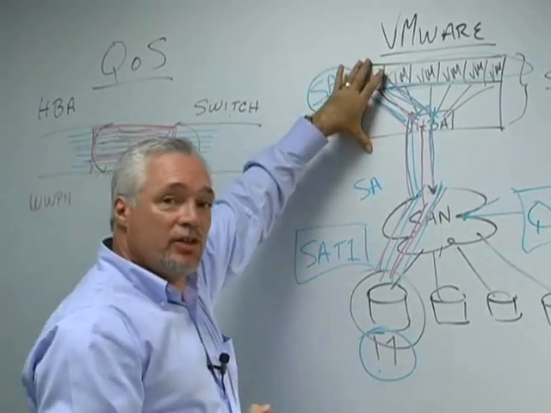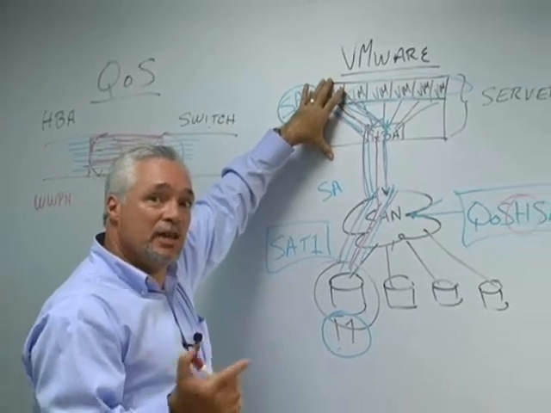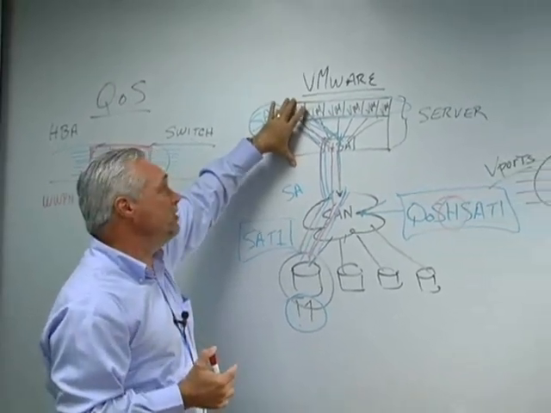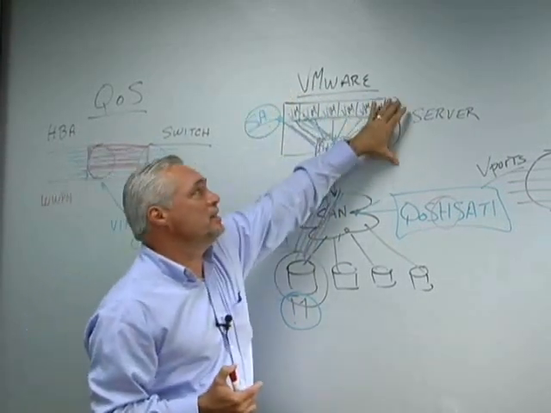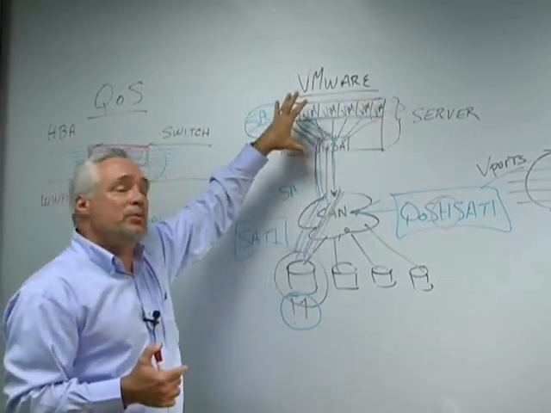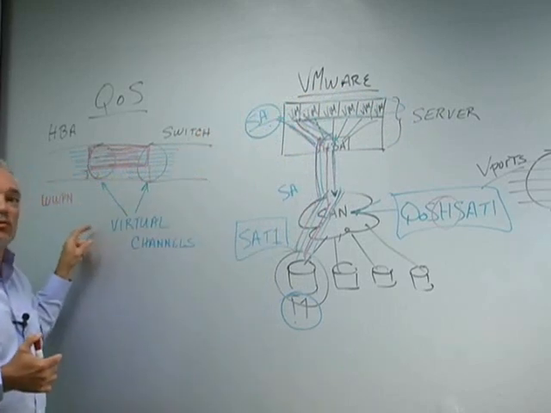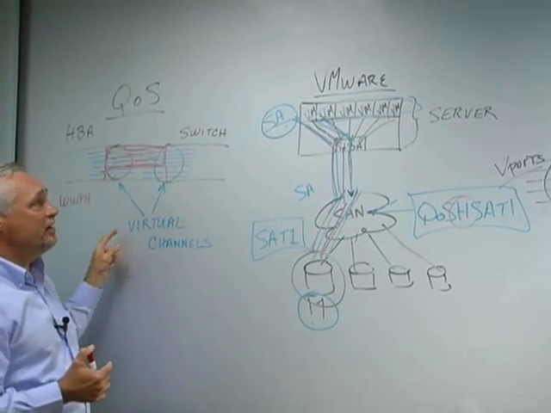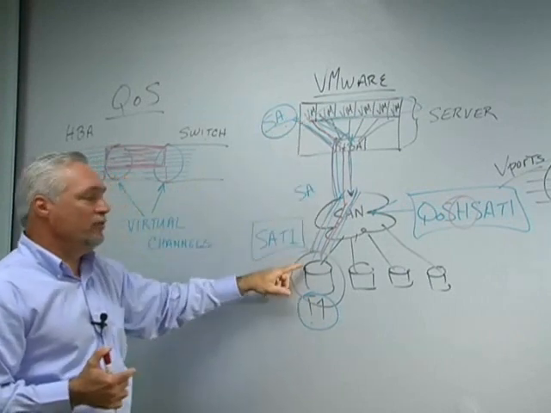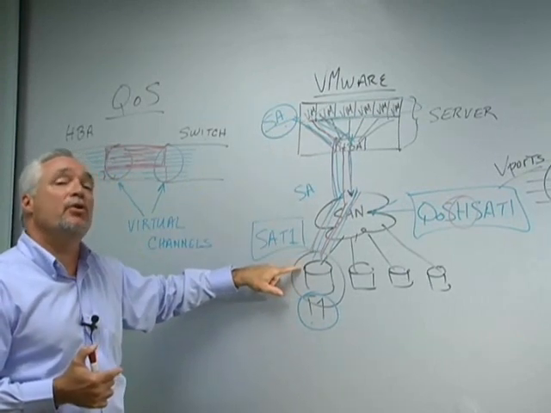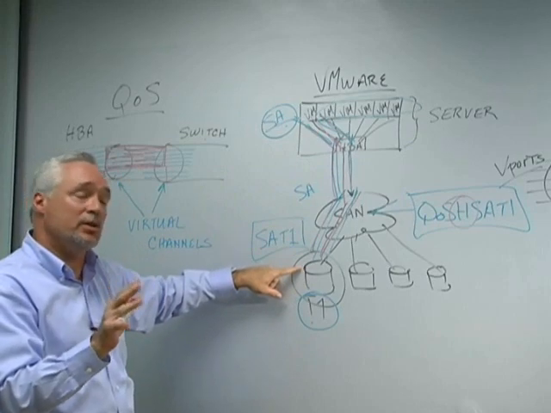No one usually puts anything that's a high availability application or a critical application out on a virtual machine environment because of this alone. Brocade is the only company using this technology, the virtual channel technology, that can guarantee I isolate your data flow from point A through the fabric to point B and prioritize it without anybody else interfering with it.